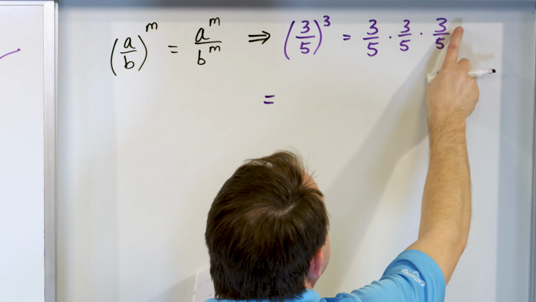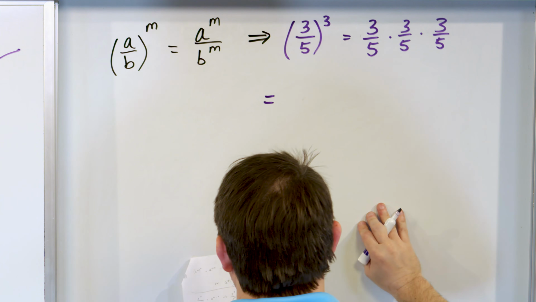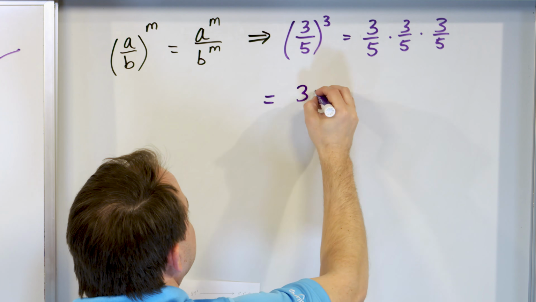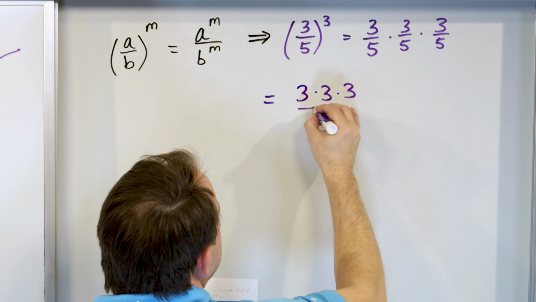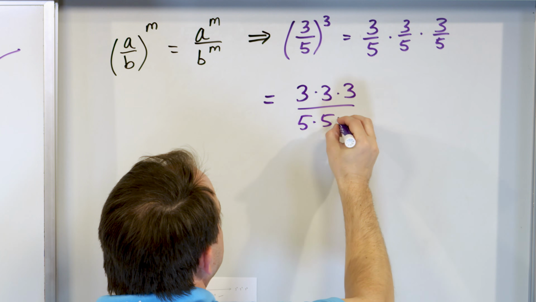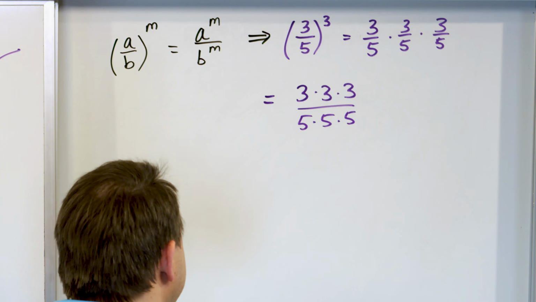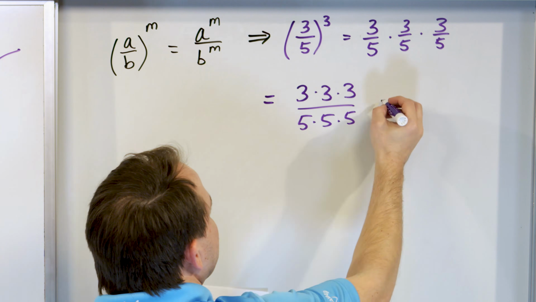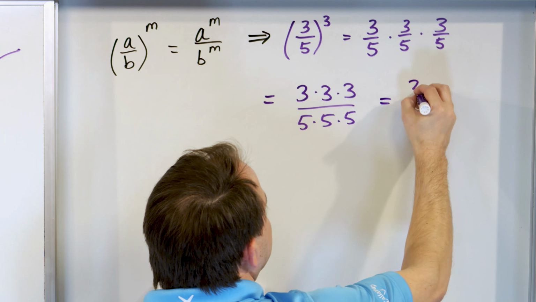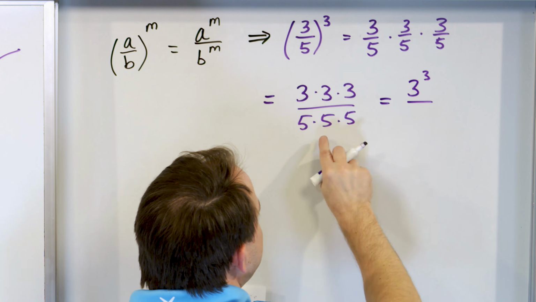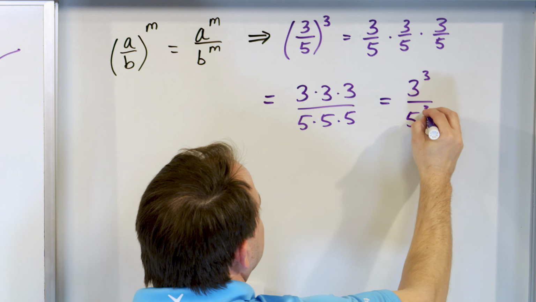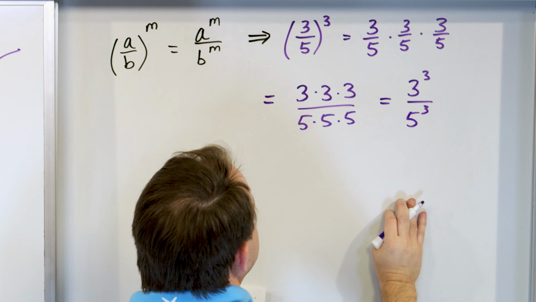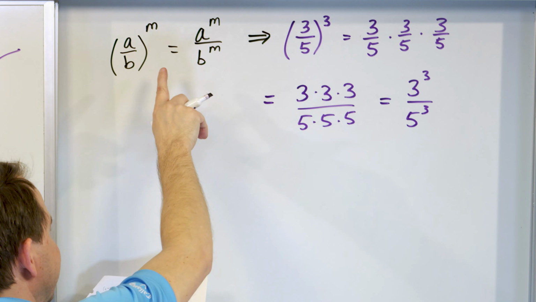You just multiply the tops, and then you multiply the bottoms. So on the top you'll have 3 times 3 times 3, and on the bottom 5 times 5 times 5. On the top, this is just 3 raised to the 3rd power, and on the bottom this is 5 raised to the 3rd power, which is exactly what the rule said you would have.